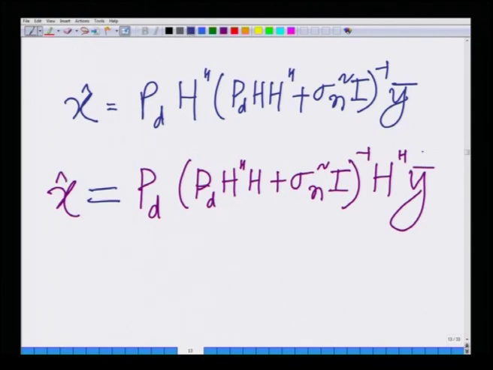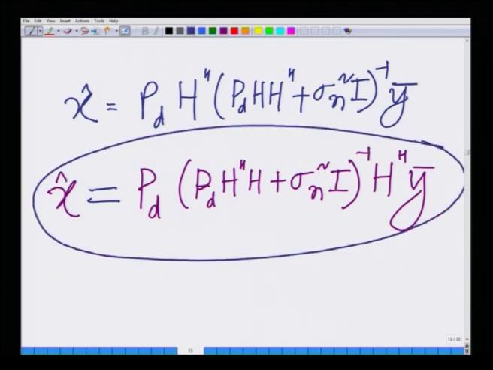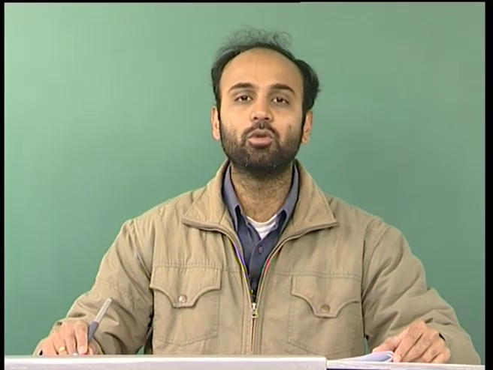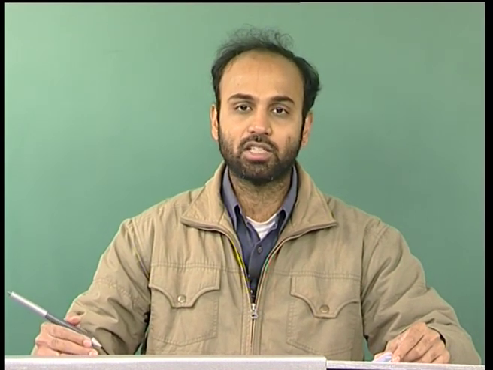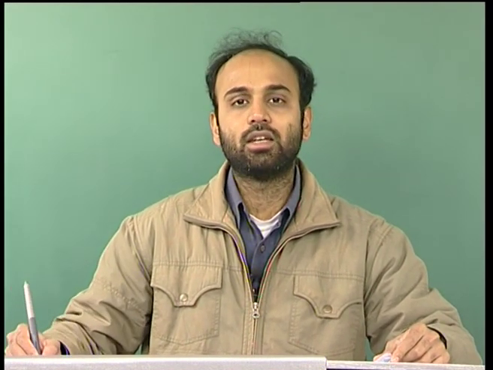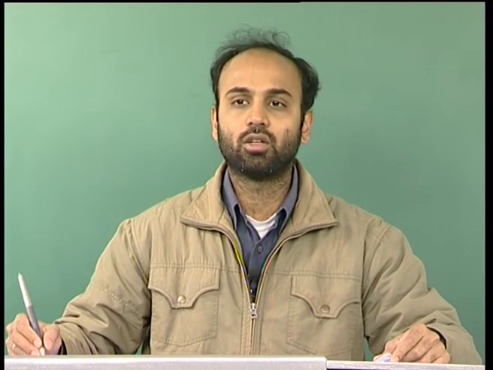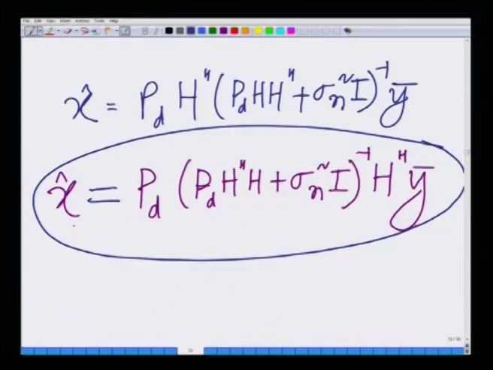So, this is another, simpler expression for the MIMO MMSE estimator, and this is what you will find popularly used in textbooks. If you refer to the textbooks mentioned as references for the course, you will find this definition of the MIMO LMMSE estimate used more popularly: P d times P d h Hermitian h plus sigma n squared I inverse into h Hermitian into y.